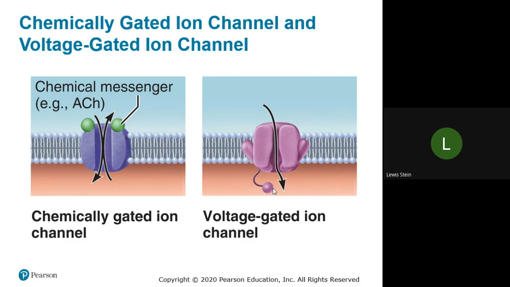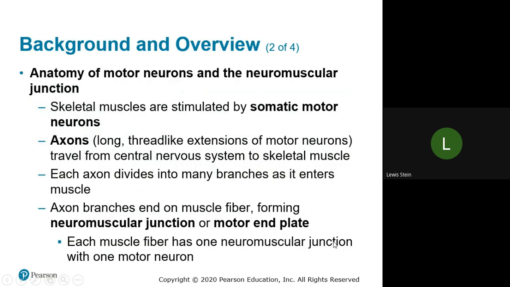Every time I beat, I get a quarter of a second break. That's the heart. That's how it works. So you're going to see those inactivation gates. That's their job.